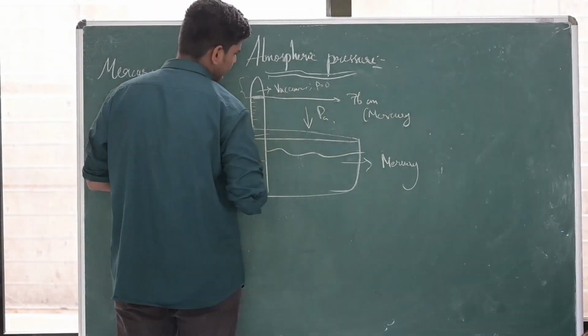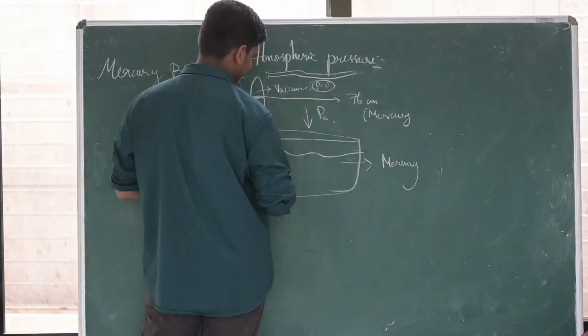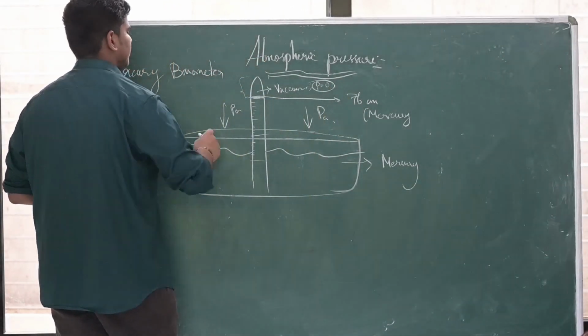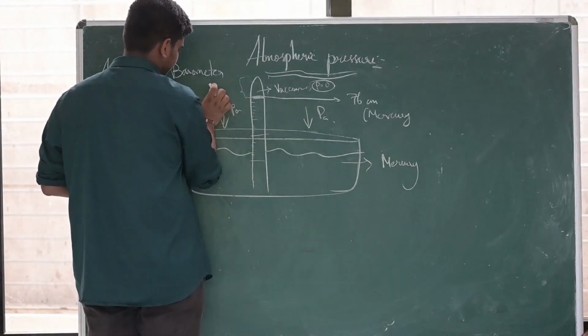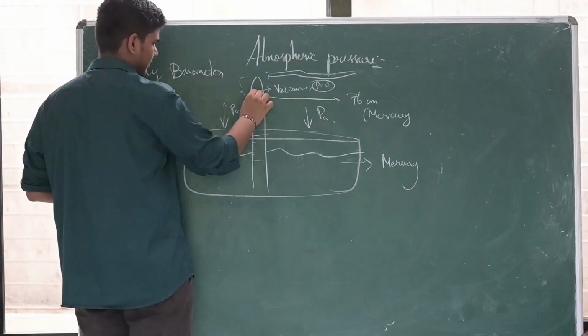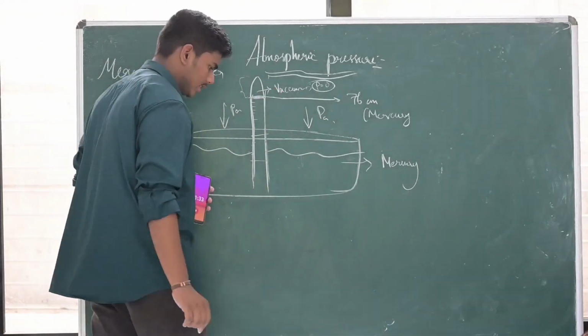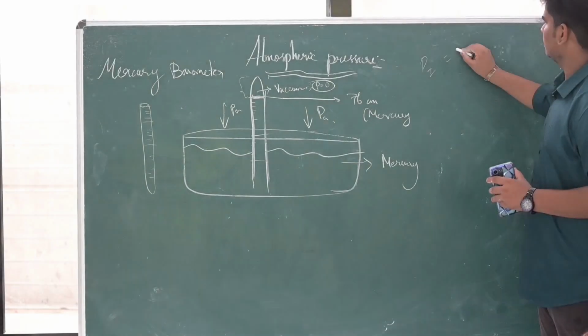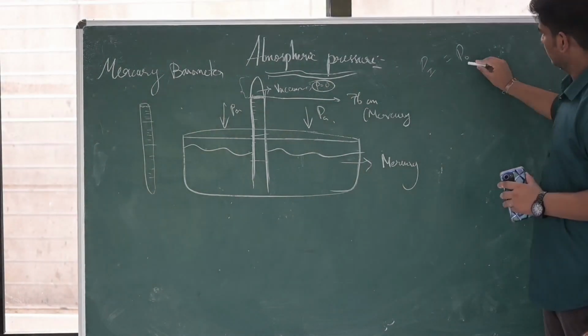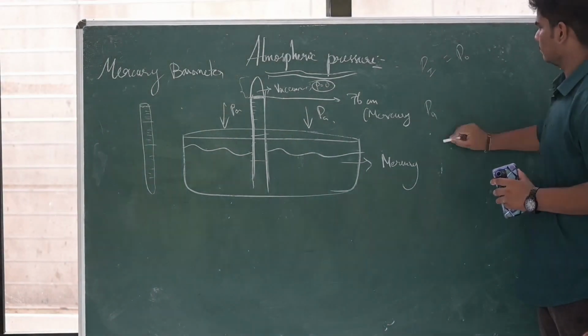Now, if there is vacuum, there will be pressure equal to 0. So as per pressure's formula, pressure inside is equal to pressure outside, as there is the same fluid. So P inside is equal to P outside. P outside is just pressure of atmosphere.